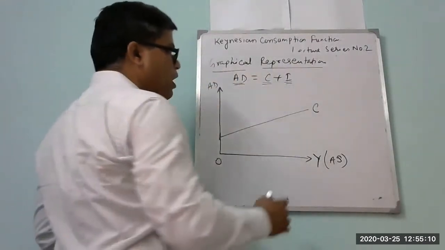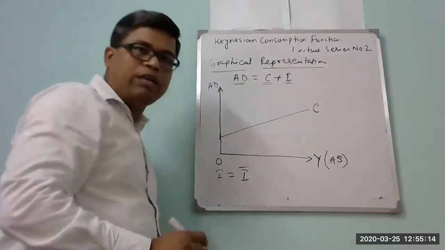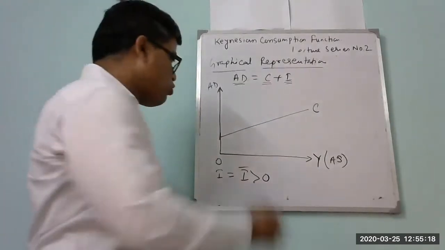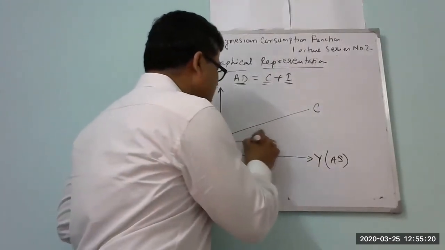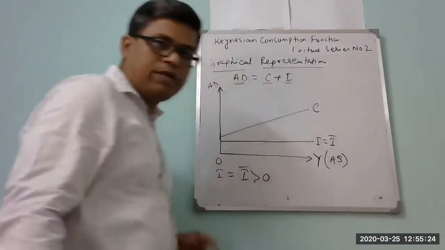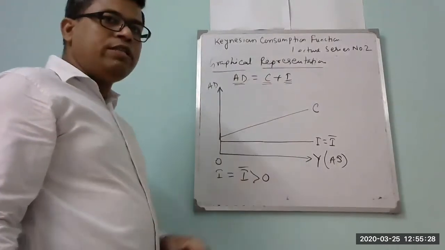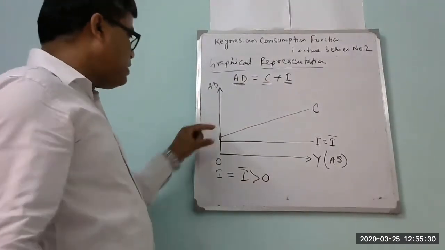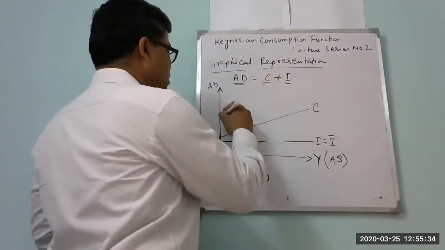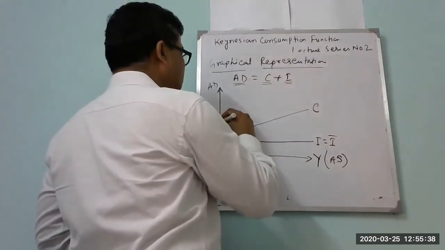Now we assume that I equals I bar, which is positive and fixed, autonomous investment. So I bar is this. Now if we sum these two, it would be the algebraic summation. If we sum up this one, it will be like this, AD.